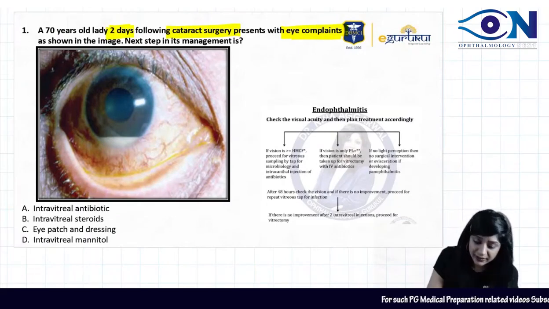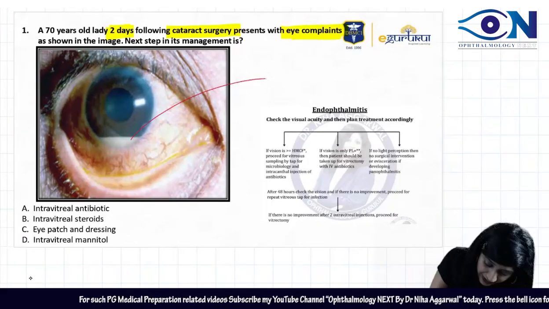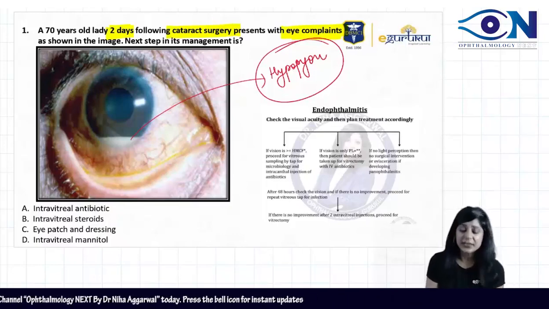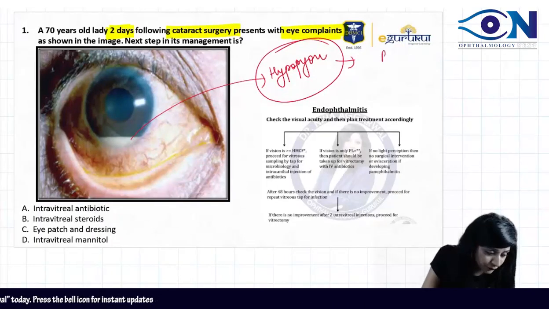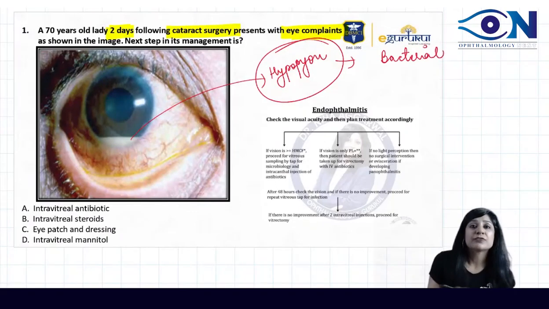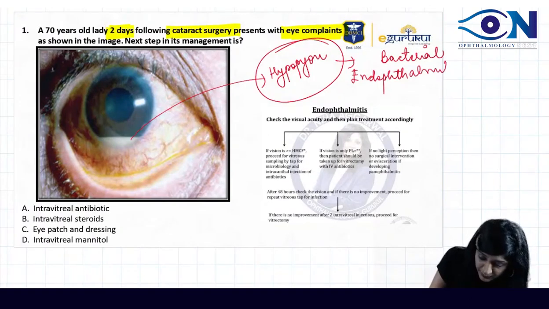Can you see here? This is the hypopyon. So because it is a hypopyon, this is a case of bacterial infection. After the cataract surgery, which is common, we have bacterial endophthalmitis, right? So we are suspecting bacterial endophthalmitis in this patient.